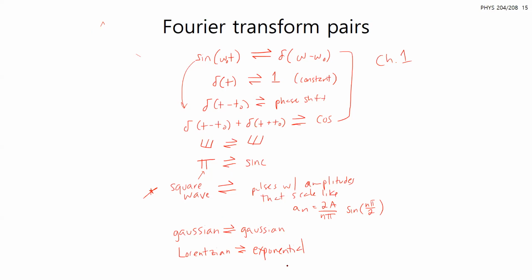So that's a quick overview of those signals. When you're in lab, you're going to be sending in pulses of an exponential or a square wave pulse or a sine, and looking at what the output is.